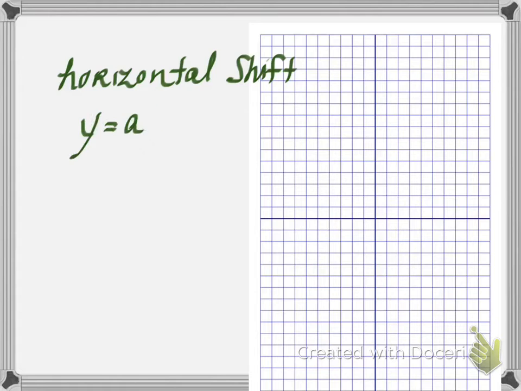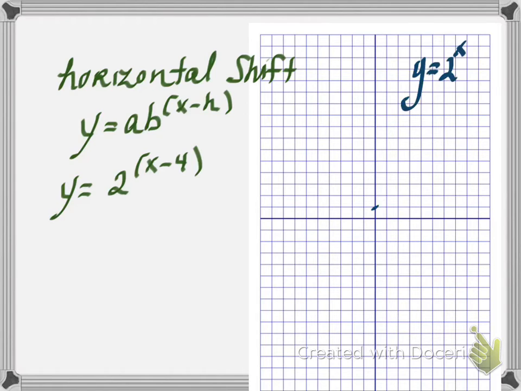What about horizontal shifts? Well, we can see an h value there. That would be x minus h. Remember, the x minus is still standard. So if I plug in 4, which is a positive 4, hopefully by now, because of the other transformations we've done, you know what way it should go. There's our parent function.